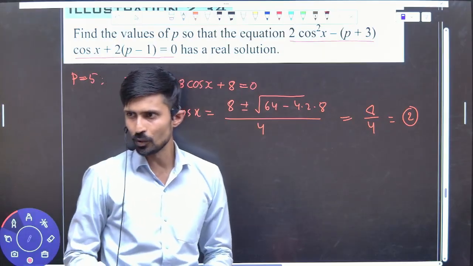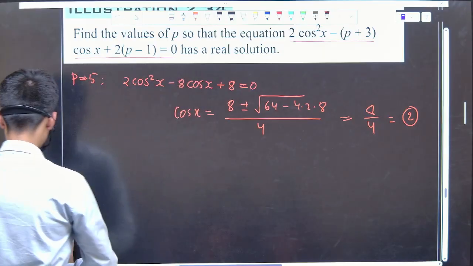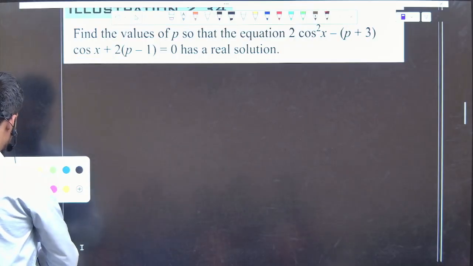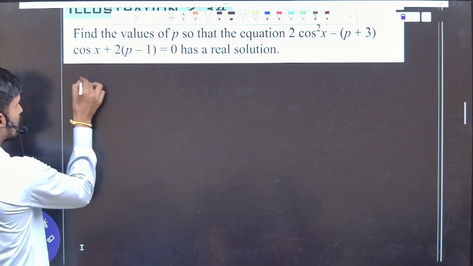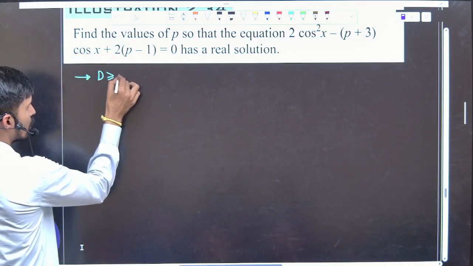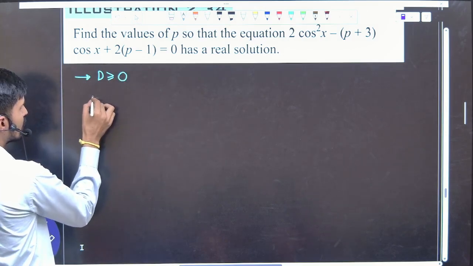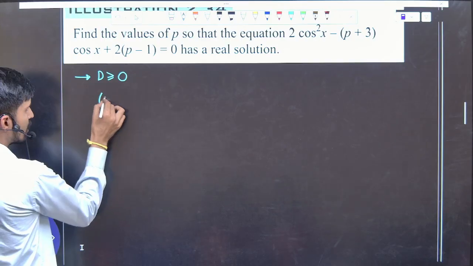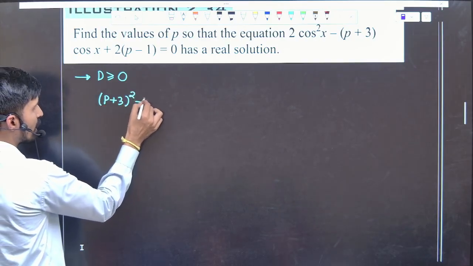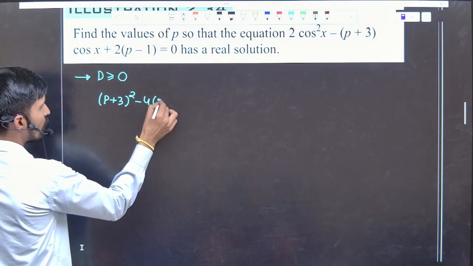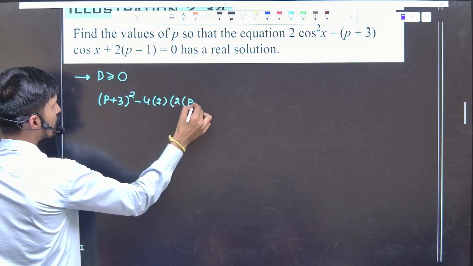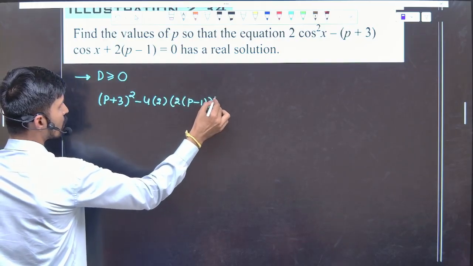Okay? So I'm going to find it. First, what I will do here is solve D greater than or equal to 0. So what is D? That is p plus 3 whole square, b square, minus 4 into a, which is 2, into c, which is 2 times p minus 1.